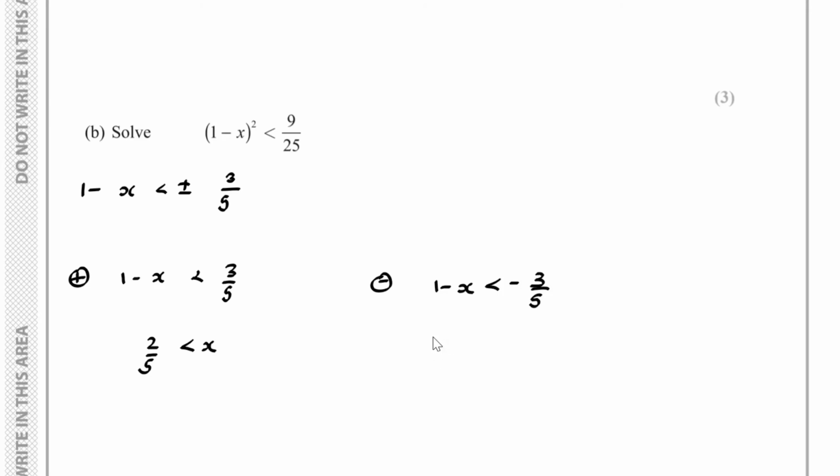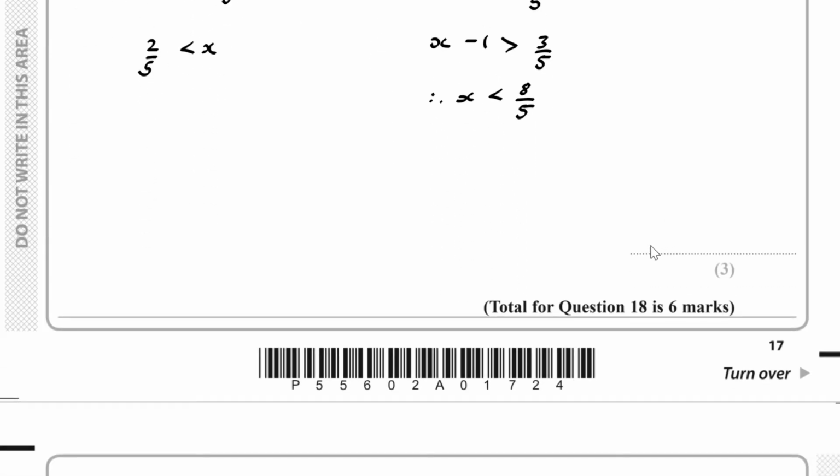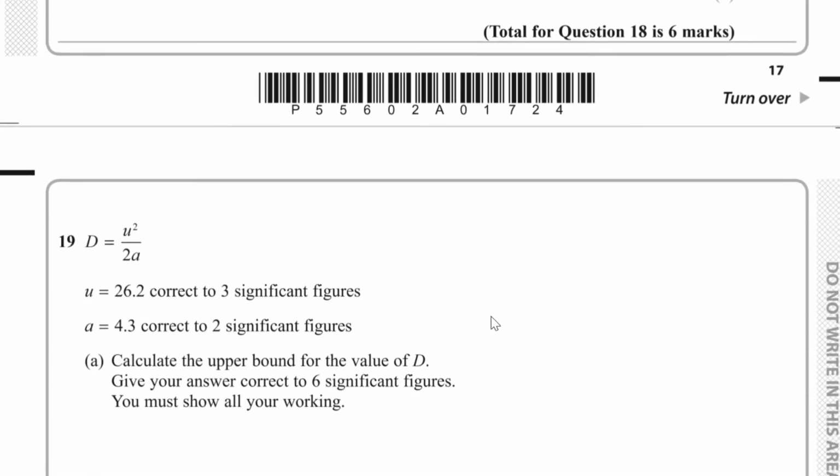So we've got x minus 1 which is greater than 3/5. So therefore x is less than 8 over 5. So therefore, combining these, we end up with 2/5 less than x, which is less than 8 over 5.